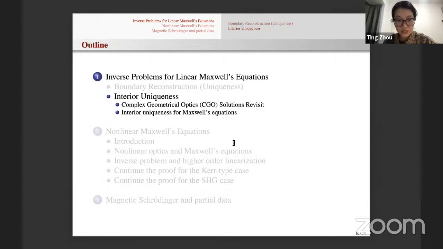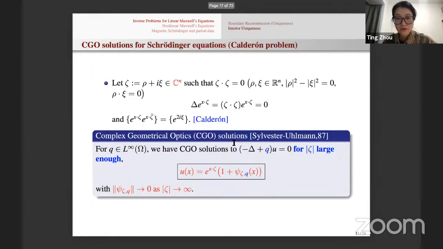Okay. So for the interior uniqueness, let me go back to the Calderon problem to remind you of the CGO solutions, because that's essentially what we are going to construct for Maxwell's equations as well, to show the interior uniqueness. Because we are considering less smooth parameters here, I want to summarize how the same analysis was done for the Calderon problem, and how we can translate that into the case of Maxwell's equations.